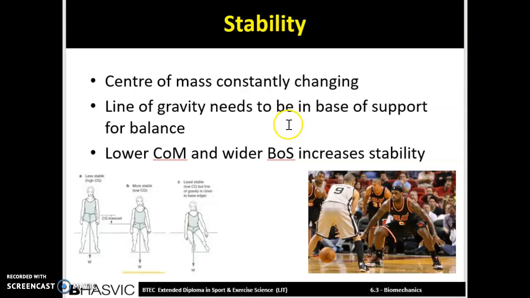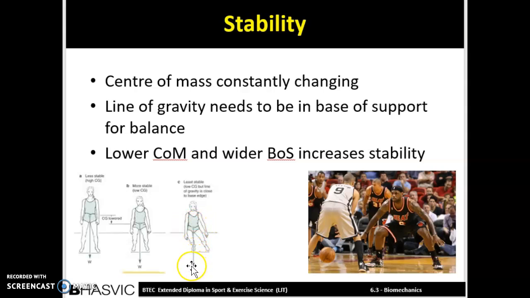And for stability, the line of gravity needs to be within the base of support for balance. So looking at this diagram here, their line of gravity is looking at a centre of mass, which would be here. Their line of gravity is directly perpendicular to that, and as they shift the weight around, their centre of mass shifts as well.